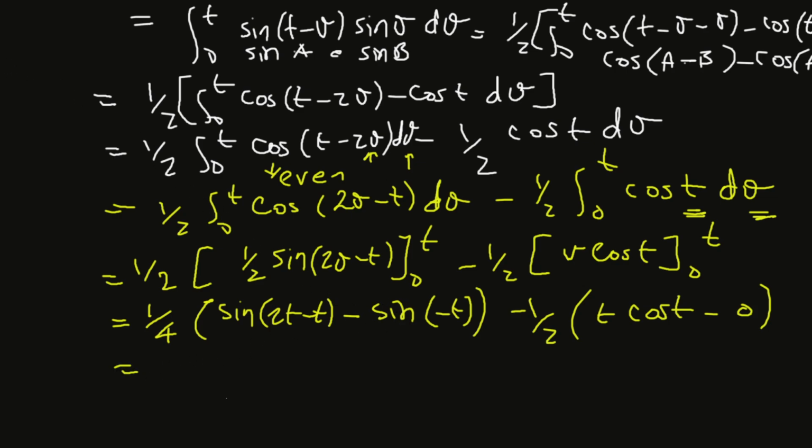Look also here, that's why it's important to know these odd and even properties. So this is sine of negative t. It's an odd function, which means the negative goes outside, and that makes this positive if we want to switch the argument from negative t to t, right? So it's an odd function, and that's sine of t. So that makes it 2 sine of t divided by 4.